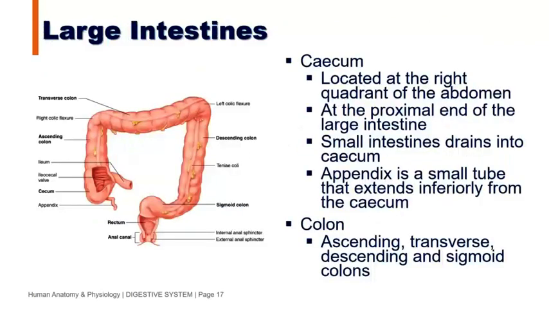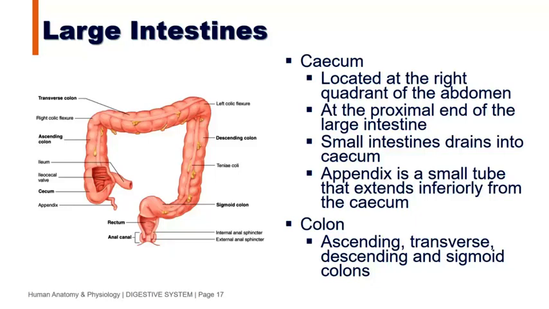From the small intestine, let's move to the large intestine. Cecum, located at the right quadrant of the abdomen. Okay, when it's on the right quadrant of the abdomen, here in the photo, it is here on the left. Cecum is at the right quadrant of the abdomen, at the proximal end of the large intestine. The small intestine drains into the cecum.